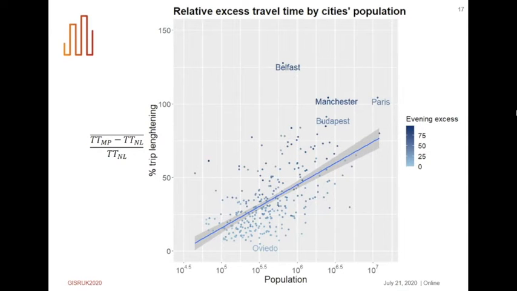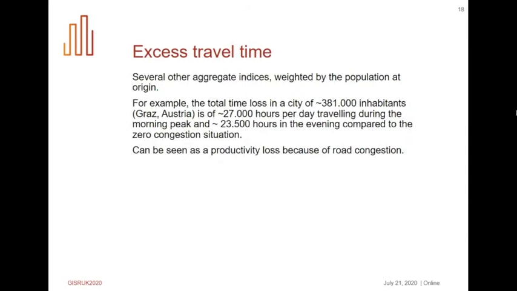This is the relative excess travel time, in percentage, against the population. So we see a trend, but there are several outliers. We also computed other aggregate indices weighted by the population at the origin.